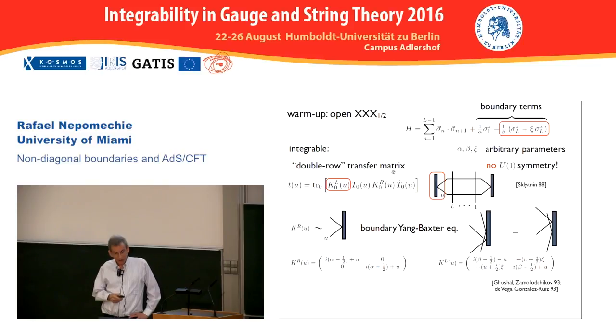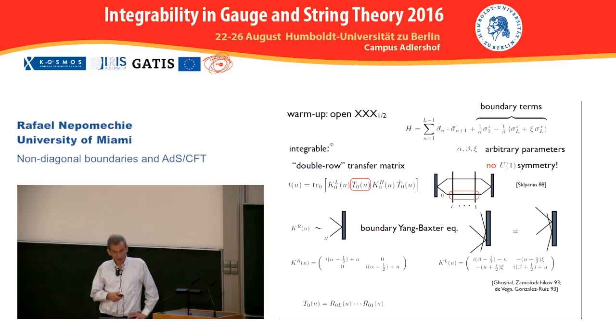And here over on the left, we have this K0 left corresponding to reflections now from the left boundary. And here, this is non-diagonal. So it involves both the parameters beta and xi that you see in this boundary term. And this non-diagonal boundary S matrix first appeared in the literature in these papers. Again, it's a solution of the boundary Yang-Baxter equation.